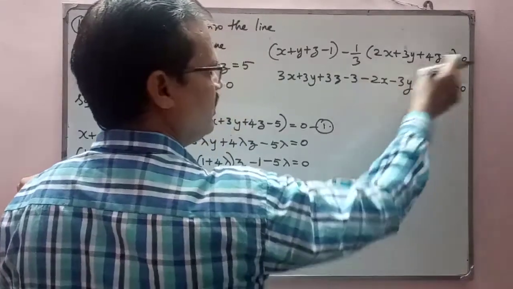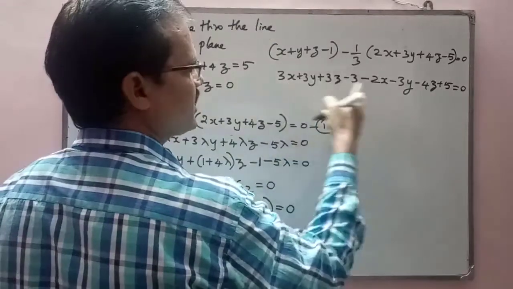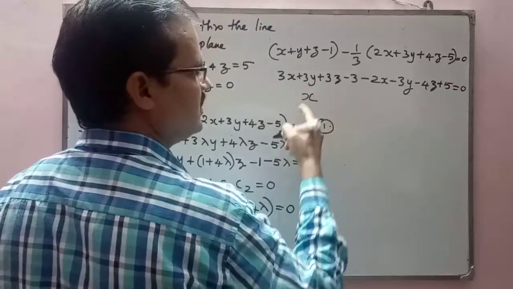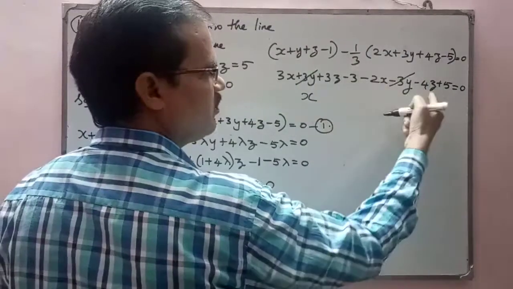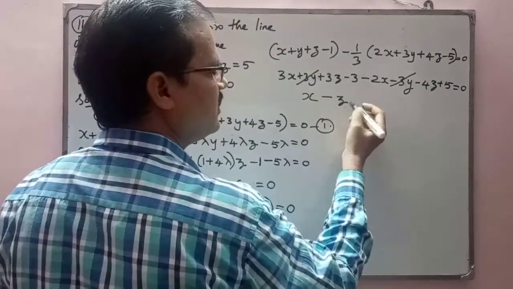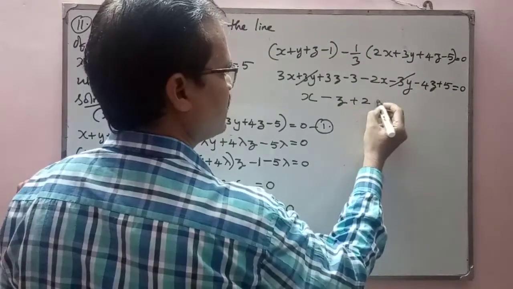This denominator 3 will get multiplied; I have taken the LCM and removed the 3. Now you have 3x minus 2x is just x. 3y minus 3y gets cancelled. Now 3z minus 4z, you have minus z. Now minus 3 plus 5, which is plus 2, equals 0.